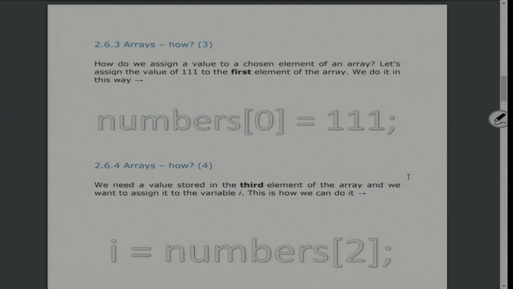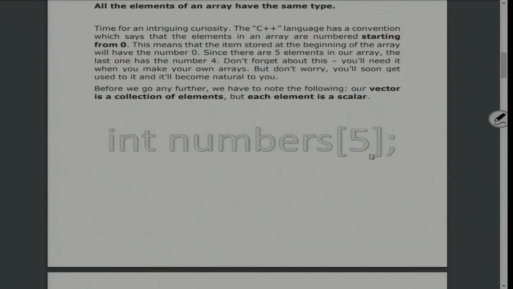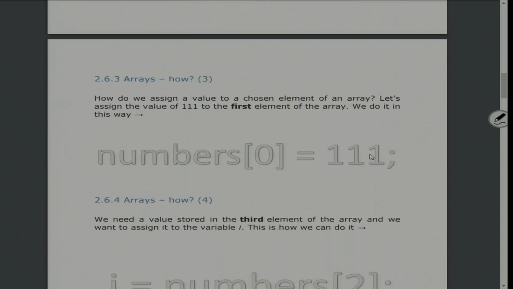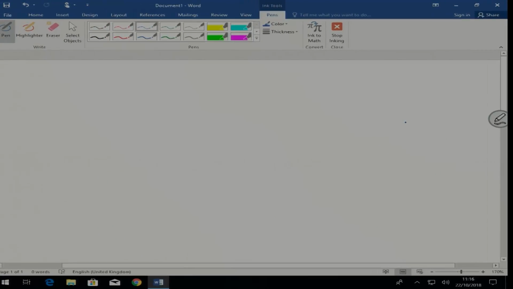So if you want to assign a value to the first element of an array, the first element of an array is indexed 0, and the second element becomes 1. Let me show you.